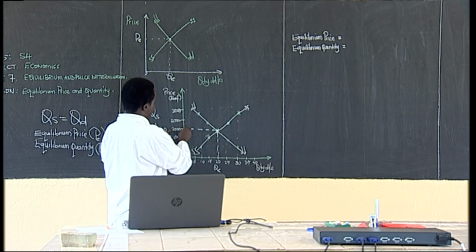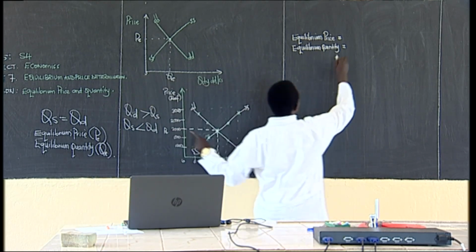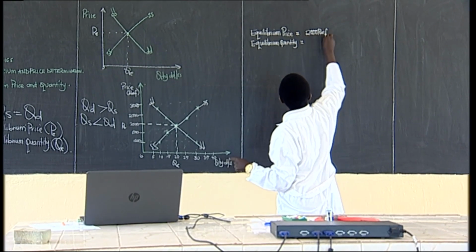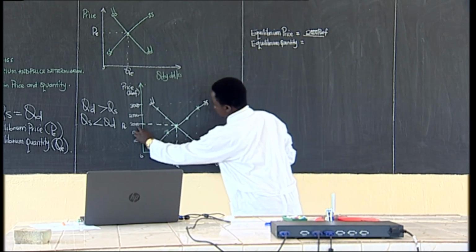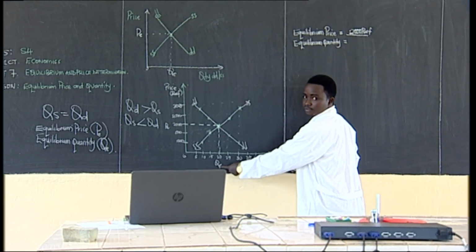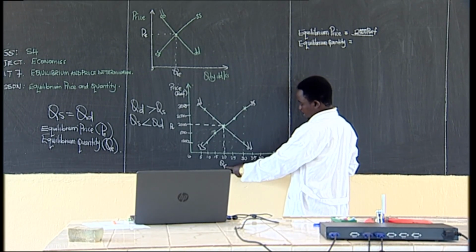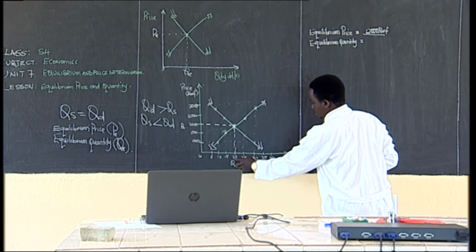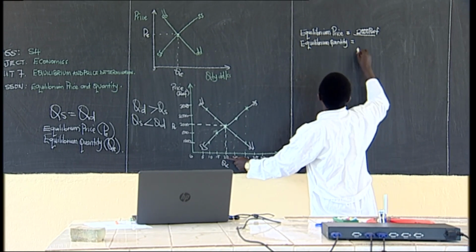Then move to this y-axis. So our equilibrium price is 2,000 Rwandan francs, as you can check, because you have to determine it from here. Then move to the x-axis, then you determine our equilibrium quantity, QE, which is 20 kilograms.